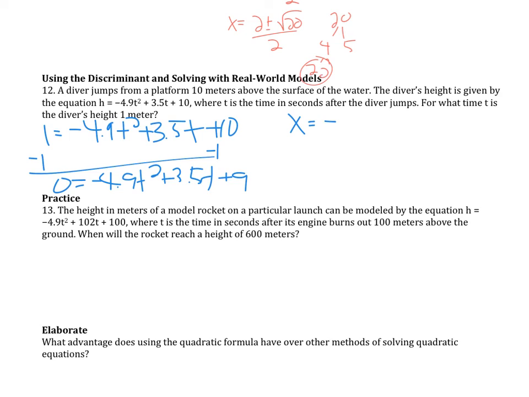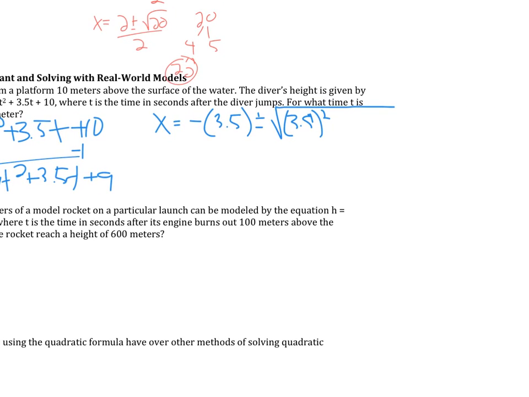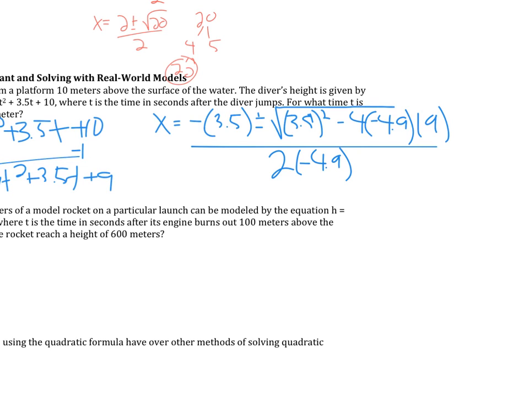And so we get negative b, which is 3.5, plus or minus the radical of b squared, which is 3.5 squared, minus 4a, which was a negative 4.9, and then our c, which is 9, all over 2a, which is 2 times negative 4.9.